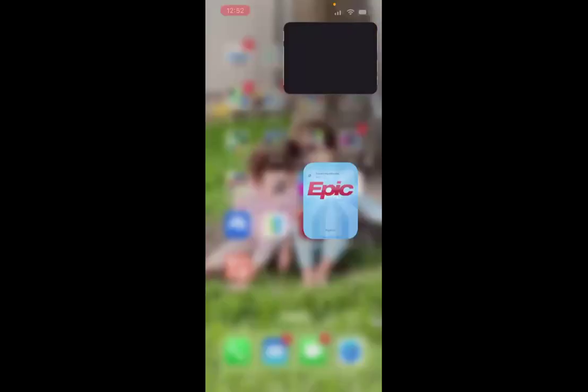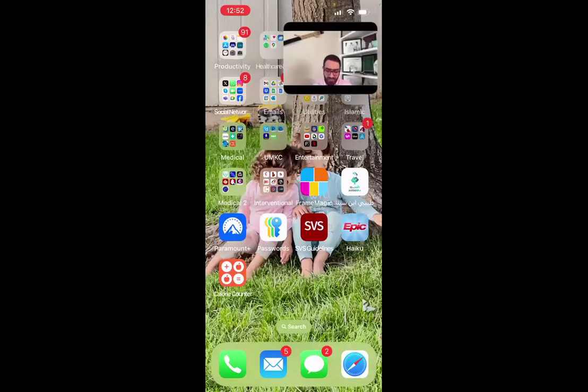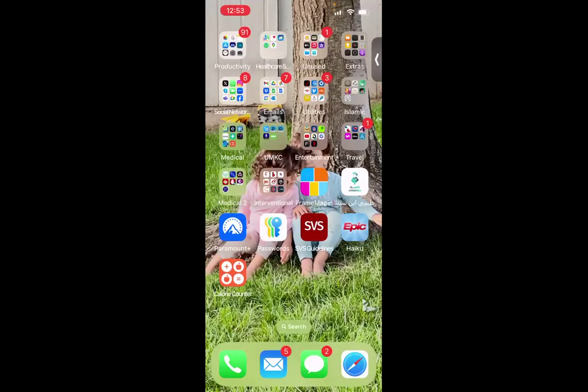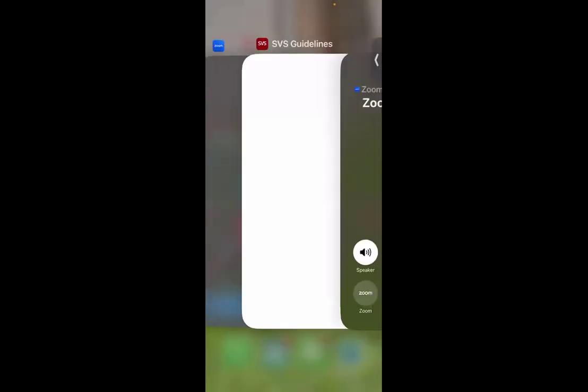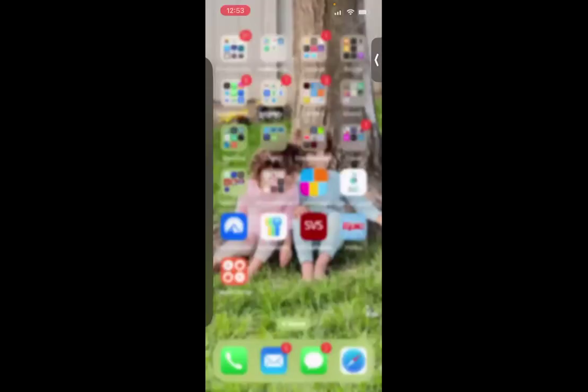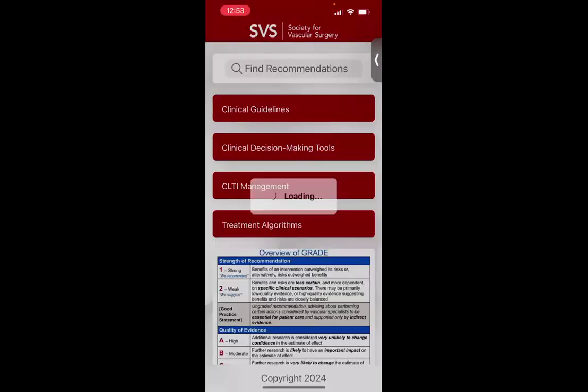So if you look at the SVS, this is the SVS app. When you open it, this is what the app looks like.